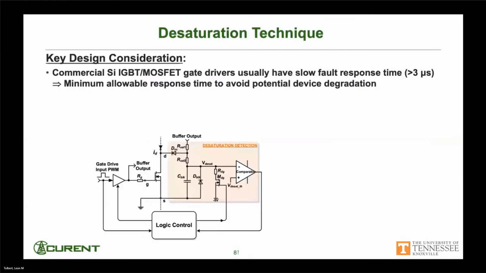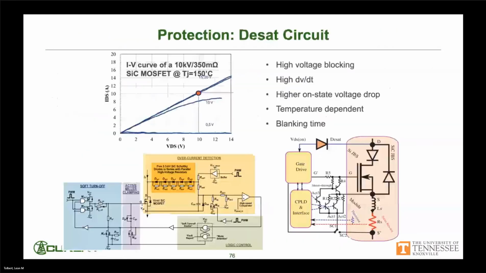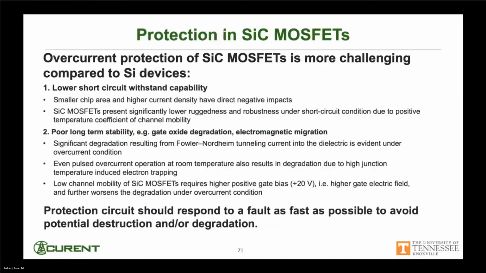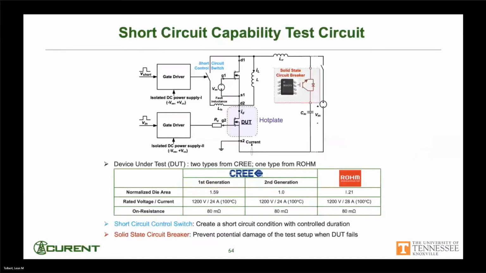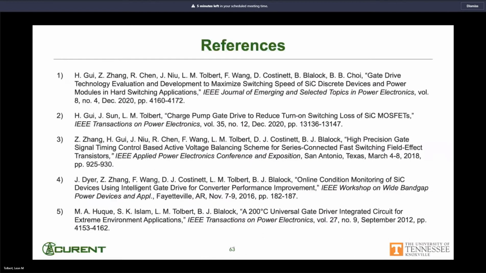I think I've got at least one of those papers listed here. Let me see if it's up here at the beginning. Yeah, that's this paper down here at the bottom, 200 degree C universal gate driver for integrated circuits. That's probably the best one that hopefully references some of our earlier papers as well.